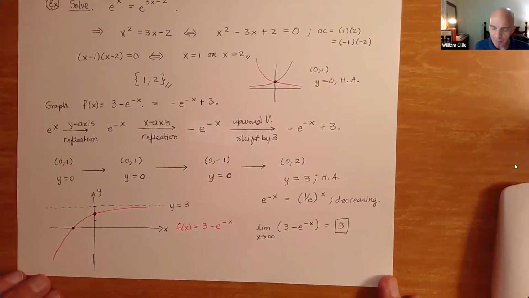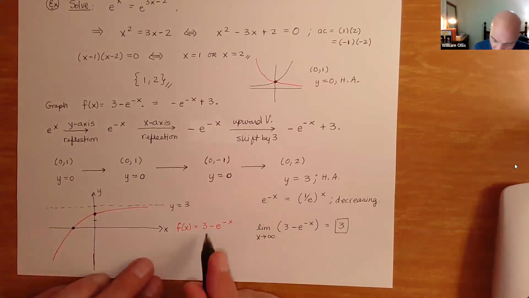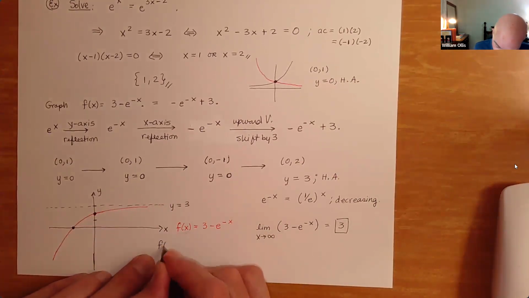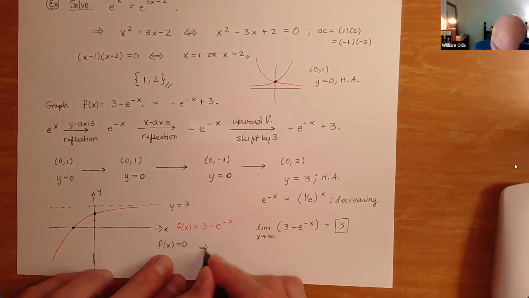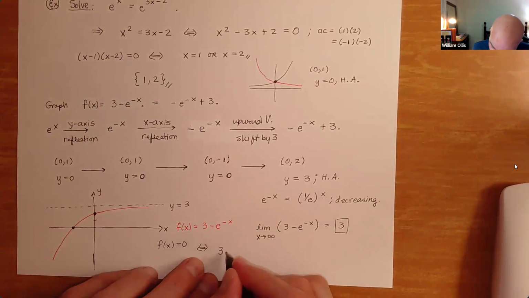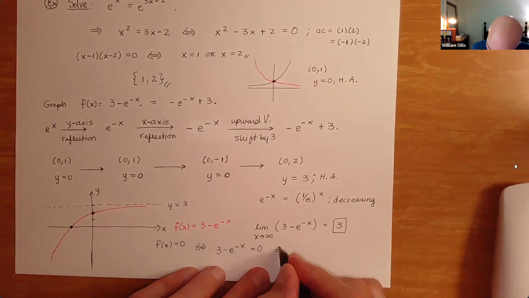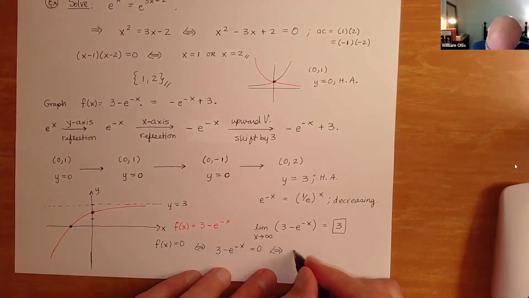We know we crossed the y-axis, but now this is basically saying f of x equals 0 if and only if 3 minus e to the negative x equals 0, if and only if, what does this mean? This basically says e to the negative x equals 3.